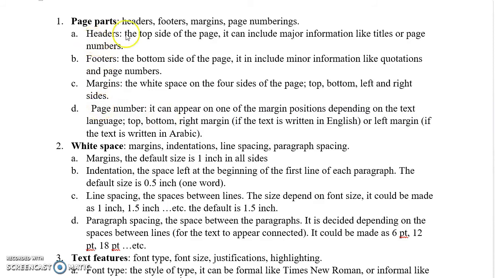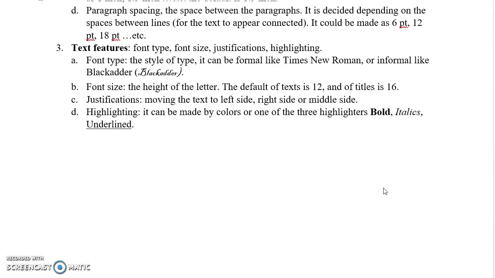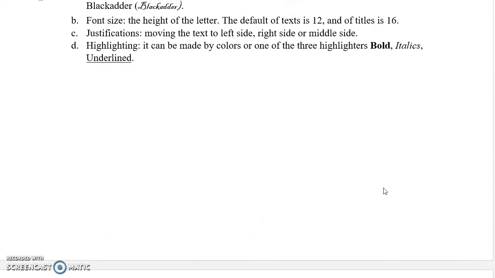The last one regarding the page parts is the page number. It can appear in one of the margin positions depending on the text language. So it could be at the top of the page, or at the bottom, on the right margin, or on the left margin. It depends on the language I'm writing in. For example, if I am writing in English, it's good to have the page number here on the right side, since it is easier for my audience to look for the page number while they follow the pages.